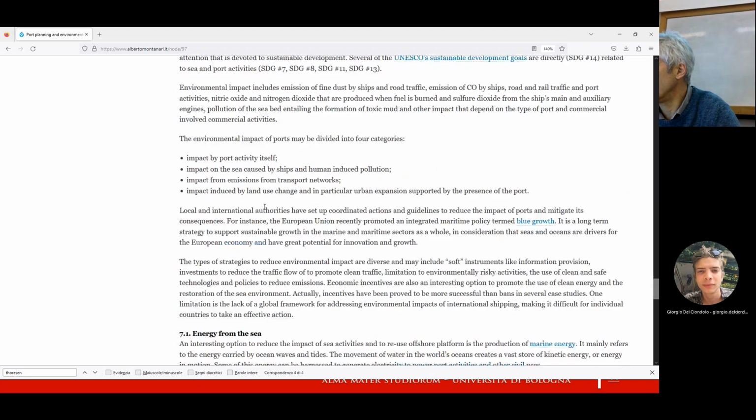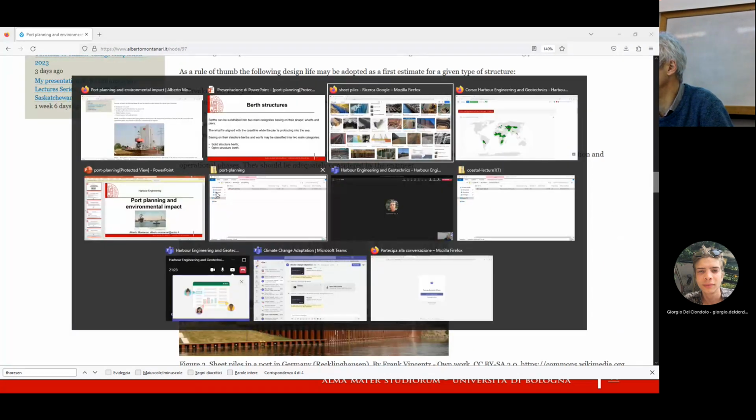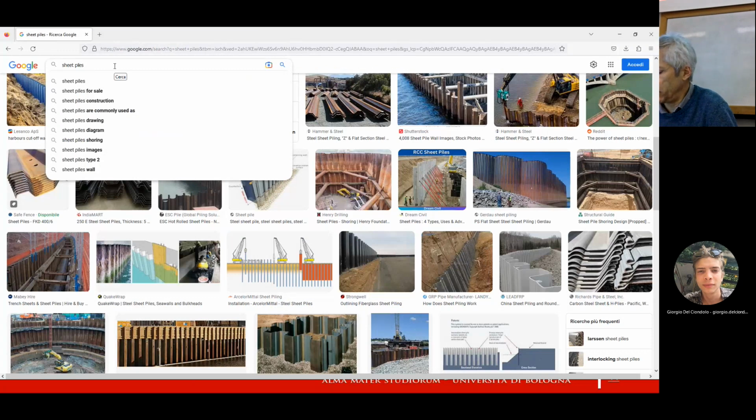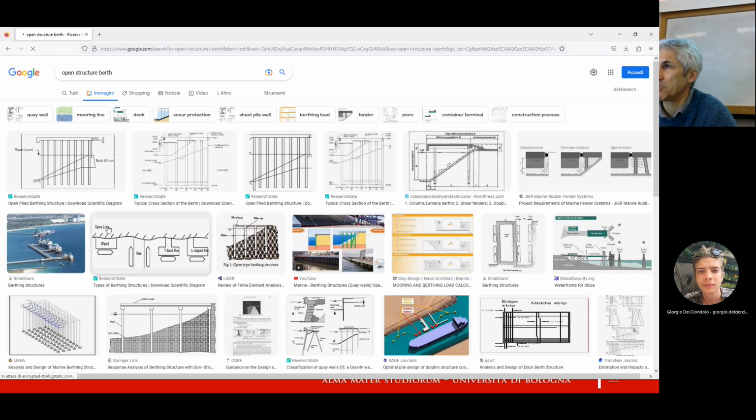Let me see if there are some more pictures on the web, because on the web you find a lot of pictures and I cannot put all of them on my website. I can only put there those that are not copyrighted. So this is frustrating because very often I find very nice pictures, but I cannot use them.